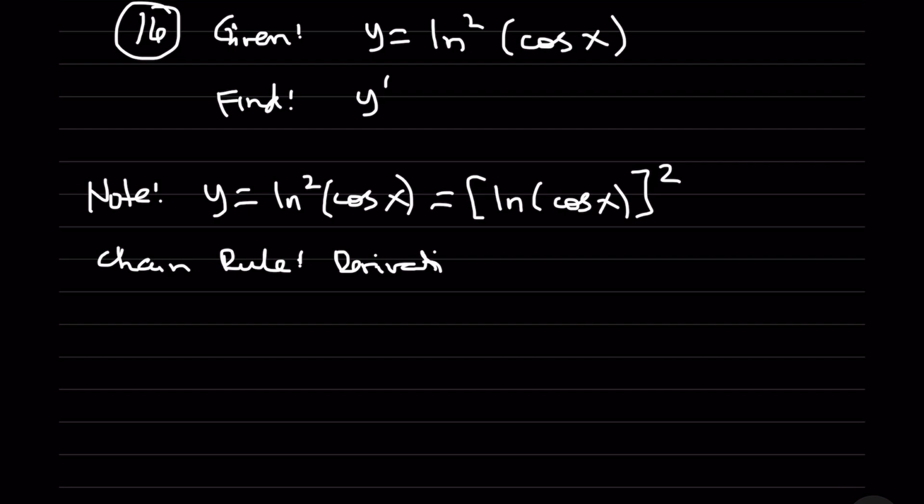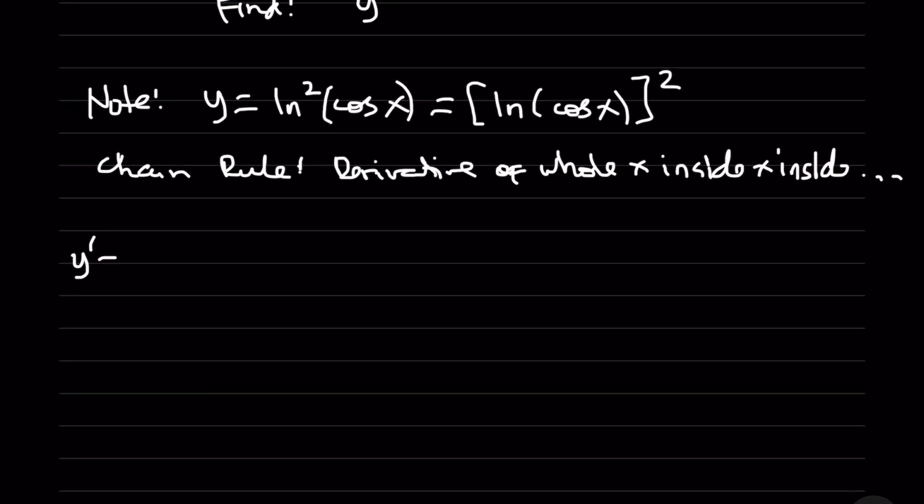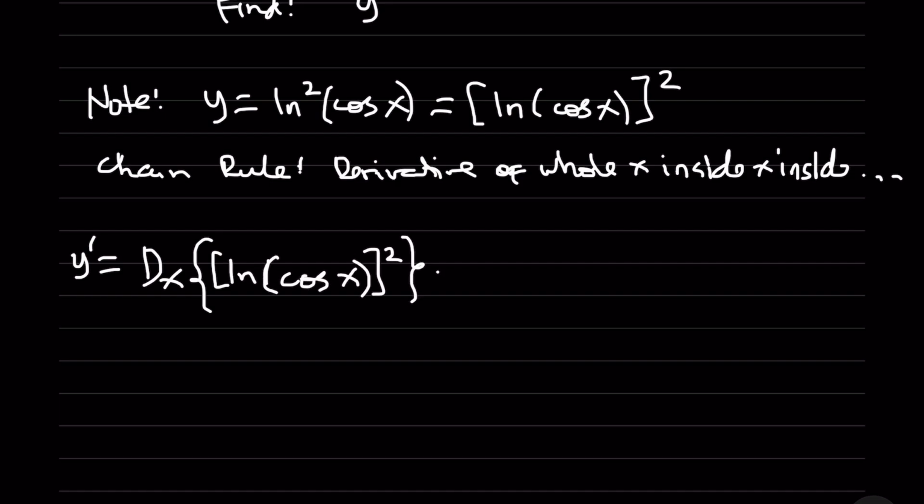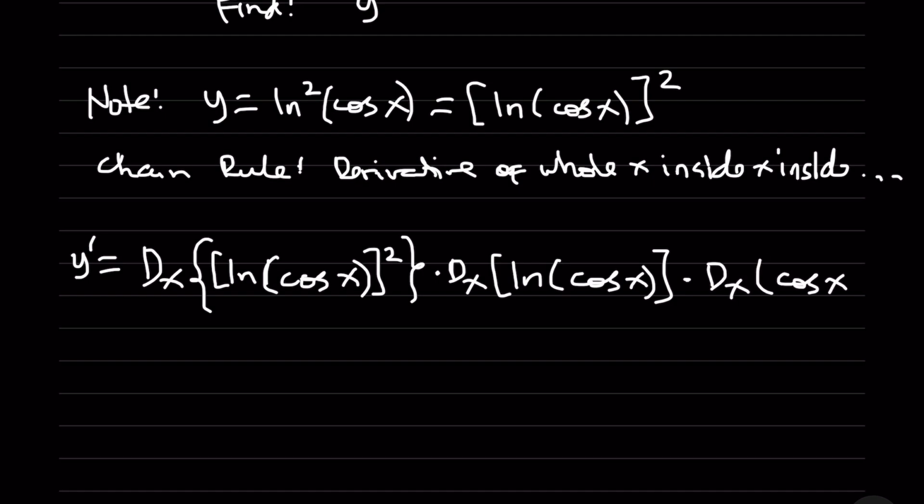So in this form of the equation, it would be easy to use the chain rule. So chain rule is equal to the derivative of the whole function times the derivative of the inside times the derivative of the inside, and so on. So we get the derivative of the whole times the derivative of the inside times the derivative of the inside.